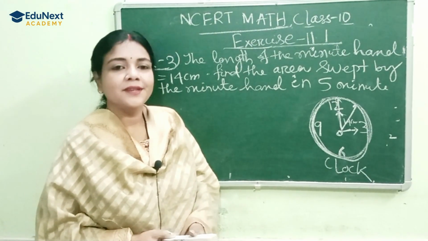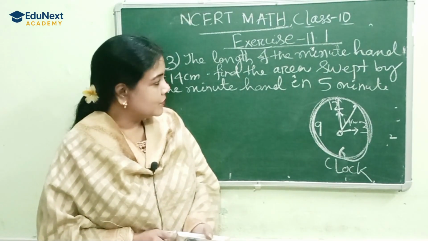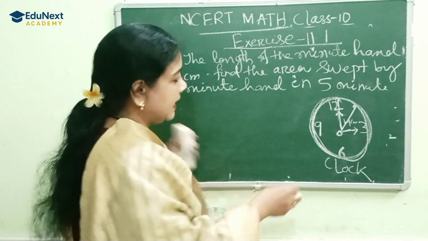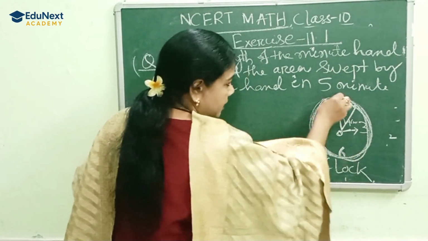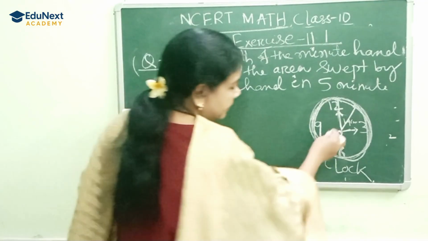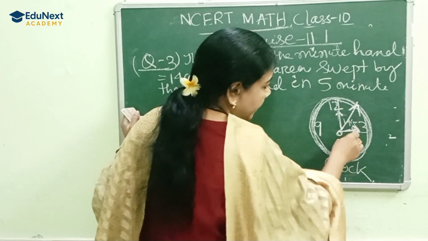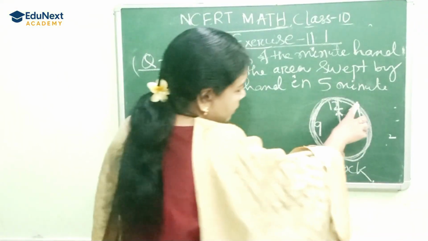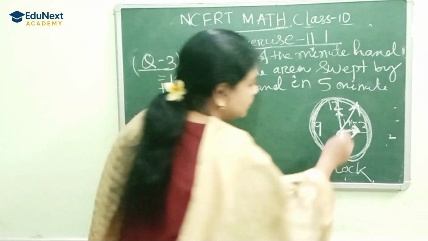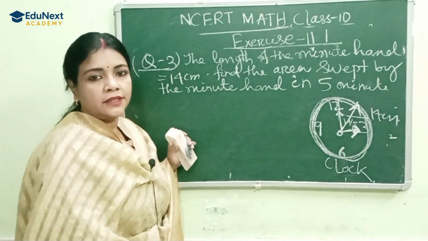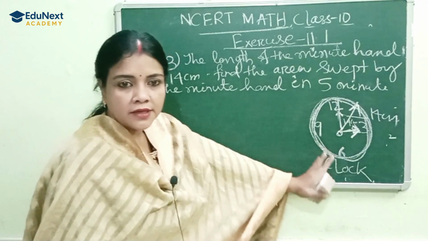Now see, this is a very interesting question. Question given: the length of a minute hand. If you consider a circular clock, with a minute hand, a second hand and an hour hand, the length of your minute hand is 14 centimeter, and you can consider the minute hand to be the radius of your circle.